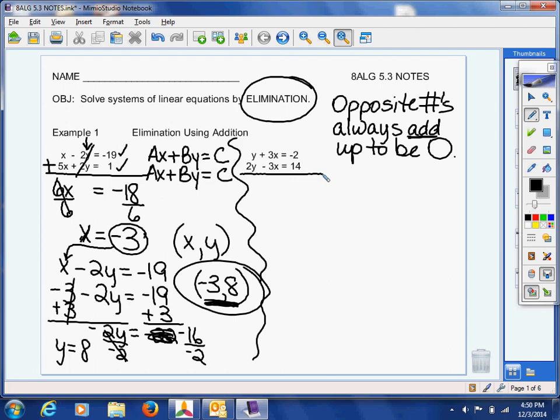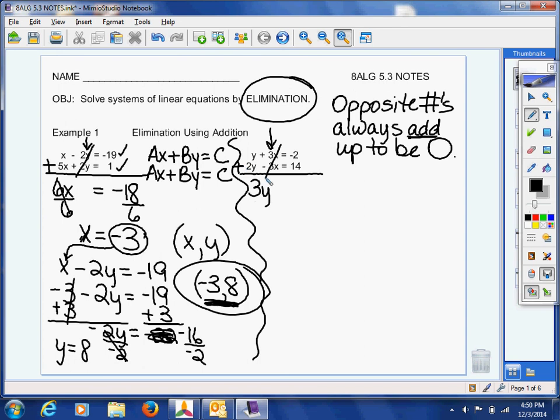Now, what we're doing is looking to see if we have opposite numbers. Hey, looky there. I have opposite numbers in front of x. I have a positive 3 and a negative 3. Well, the only way to cancel out opposite numbers is to add the two equations together. So what's y plus 2y? You're right, that's 3y.